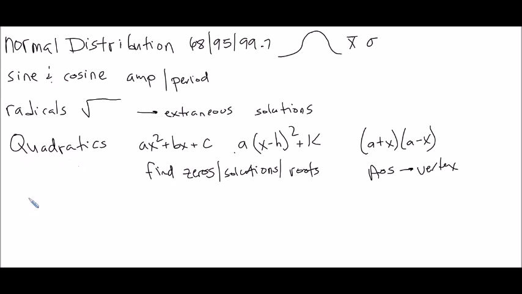After we did quadratics, we went into exponential growth and decay, which was controlled by your starting amount and your rate. If it was annual, you'd be to the x power.